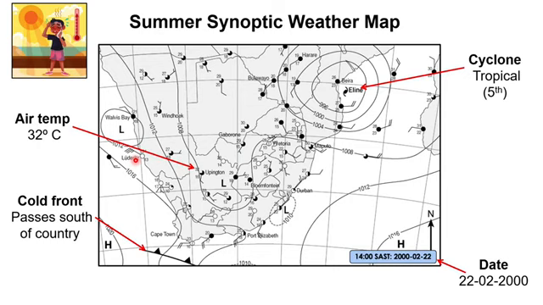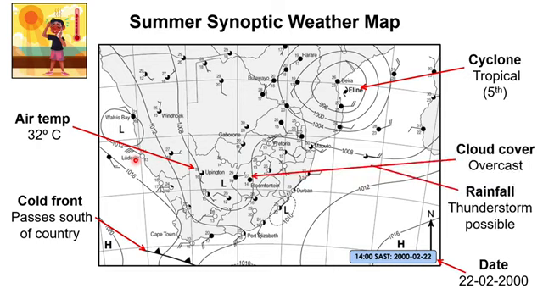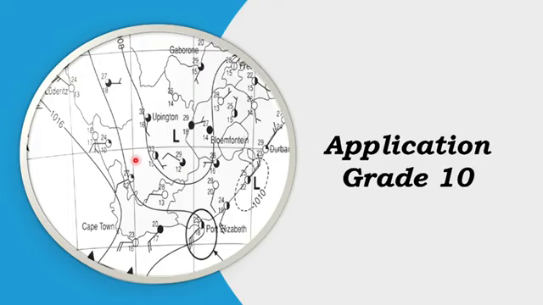Notice the cold front is passing to the south of the country. It's not going to pass over the landmass. Lots of clouds over the interior. All those weather stations over the interior are overcast. And we can also see evidence of thunderstorm activity. Okay? And there's a low pressure over the interior during summer.